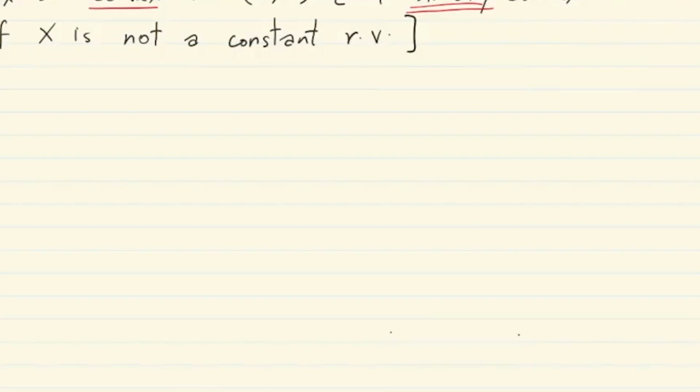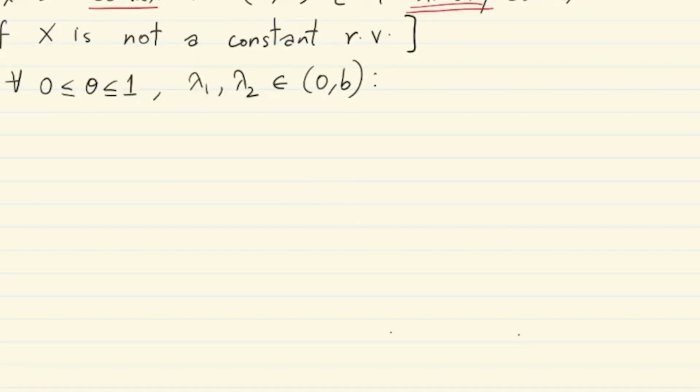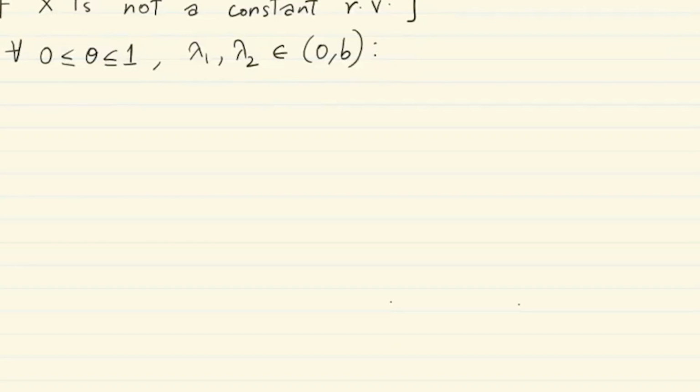So let's take any number theta between 0 and 1, and lambda 1 and lambda 2 in this valid interval 0 to b. Let's write down Cx of theta times lambda 1 plus 1 minus theta times lambda 2.